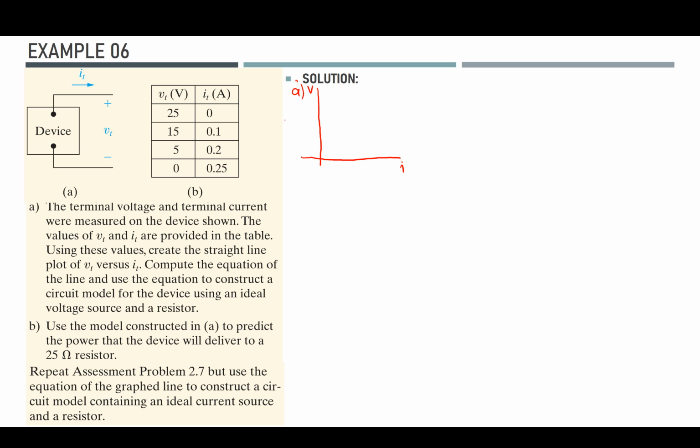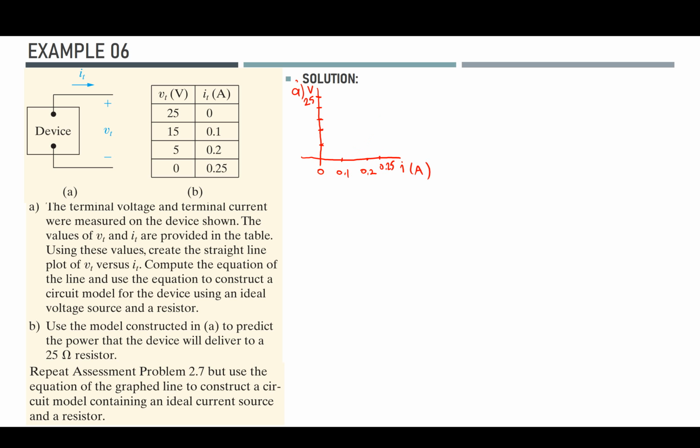When the current is 0, I have 25 volts. So this is where the point is 25, and this is 20 and 15 and 10 and 5. So when the current is 0, I have this, and when the current is, let's say, 0.1, and there is 0.2, and there is 0.25.